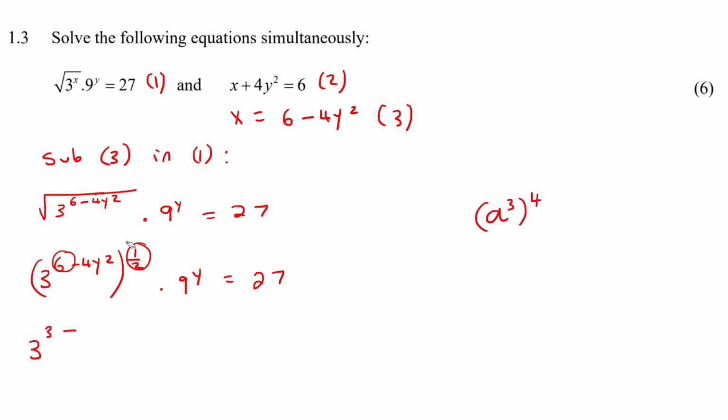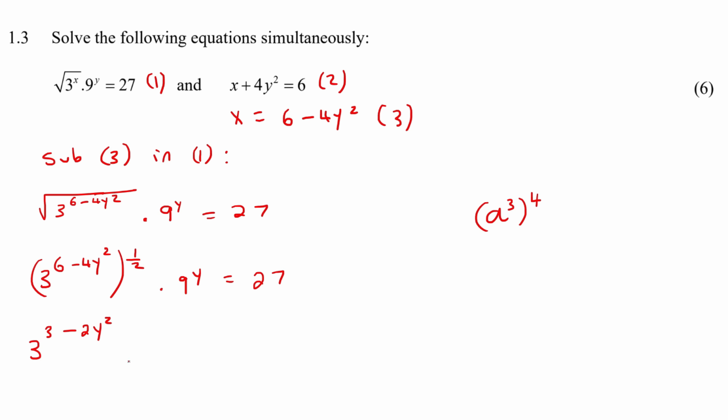And then I'm going to multiply the half with the 4y squared, and that's going to become 2y squared. It's a bit of a weird one because you might be tempted to multiply those two, but this is the exponent of this exponent.